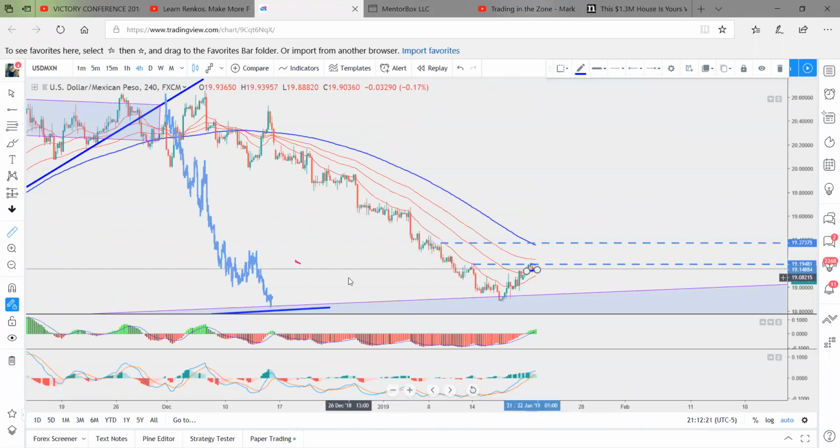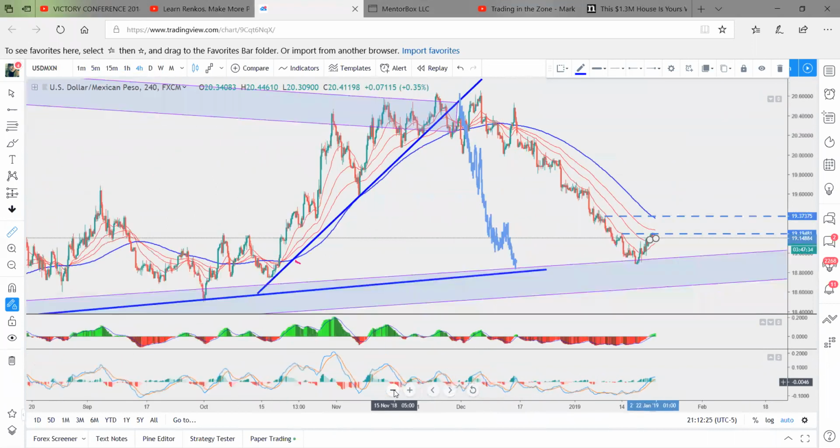And if you can hold it, hold it. This pair moves really good. You see the way it moved the last time? See what I'm telling you? It pushed up hard, corrected hard, pushed up hard, corrected hard again, but then it took off. So you're getting in from the ground. It would have been better to get in here, but it's okay.